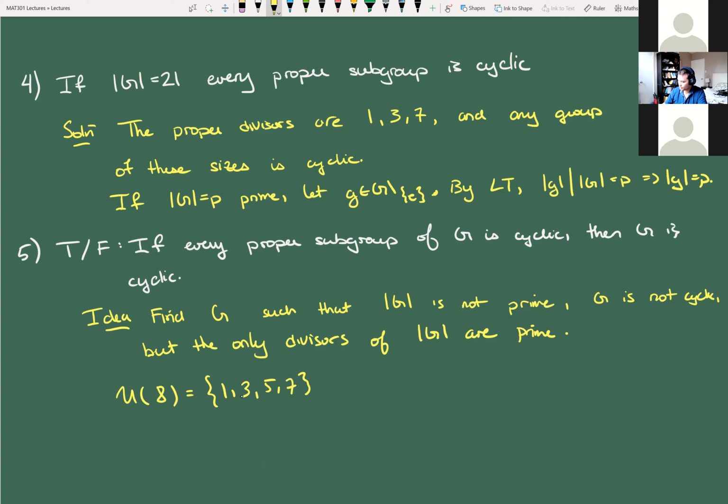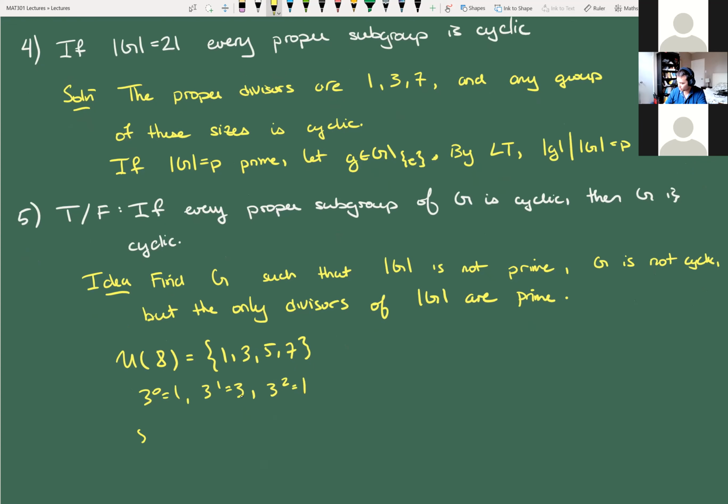And 3 to the 0 is 1, 3 to the 1 is 3, 3 squared is 1. Okay, yeah, maybe this one does work. Let's just double check. I had U12 in my mind, but I think this one will also work. 5 squared is 25. Yep. 7 squared is 49. Yep. Okay, this one works. Like I said, I was going to do U12, but those groups are isomorphic. So perfect, let's use this one.